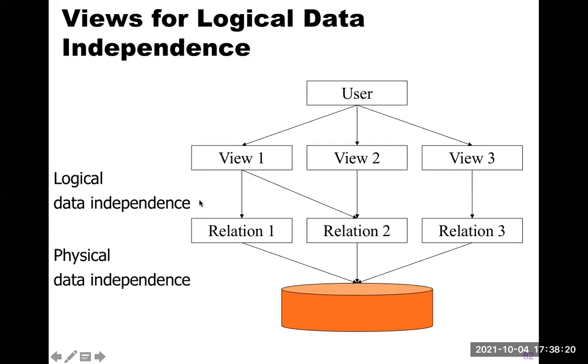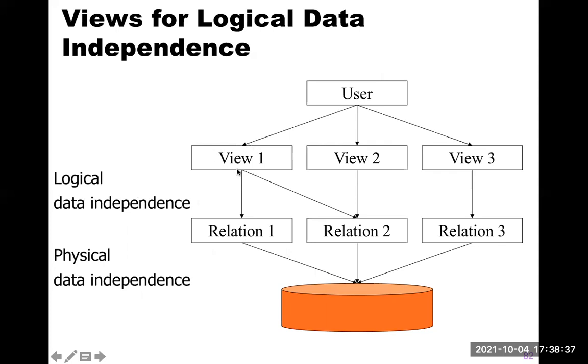Why do we need it? In some cases, the user just goes to a table, a relation, looks at it, changes data, and so on. But view introduction allows for logical data independence. What does it mean?